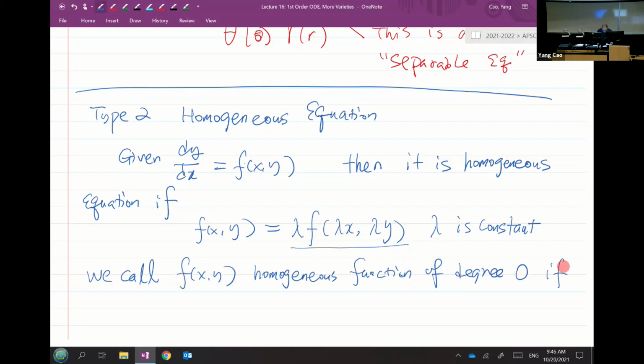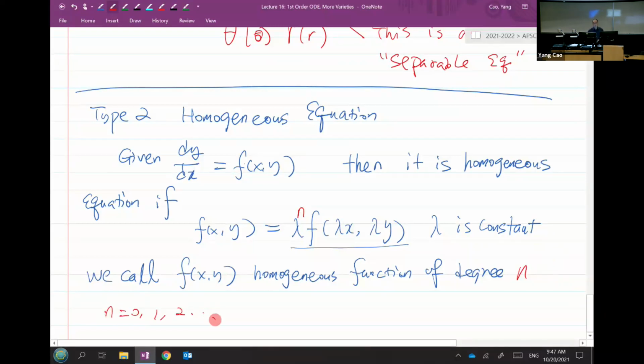Sorry, I missed the term here. So this is n. Lambda to the power of n. So we call this kind of function a homogeneous function of degree n. So what's n? n is an integer, so n equal to 0, 1, 2, right? So any of the integer numbers.